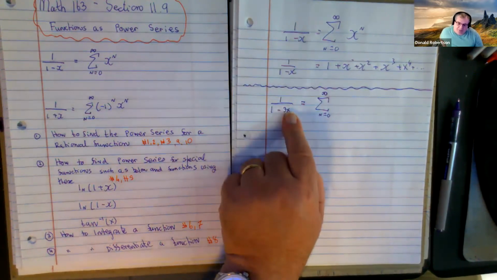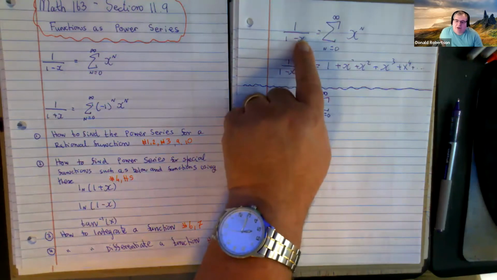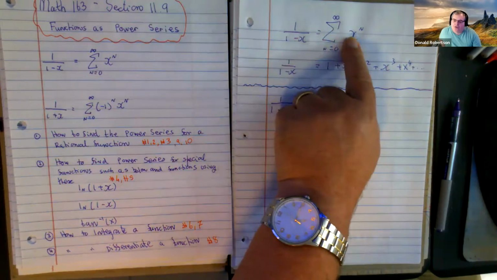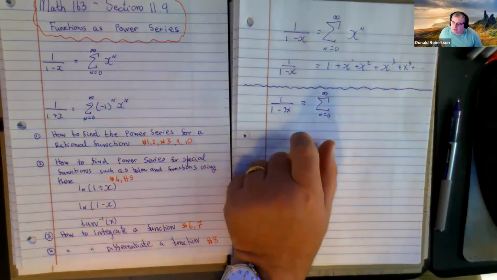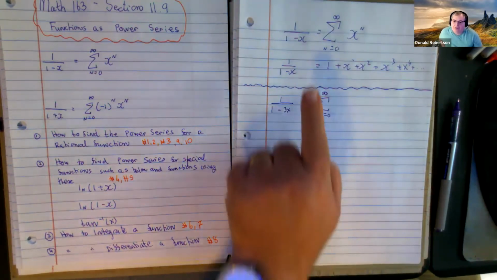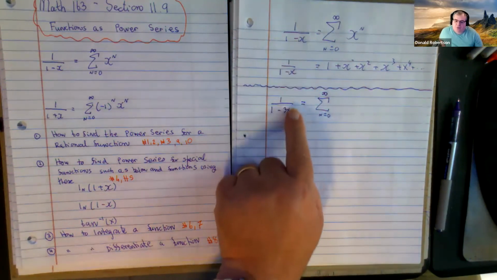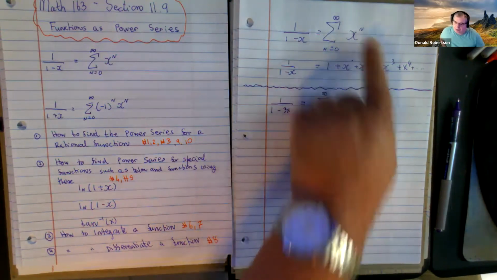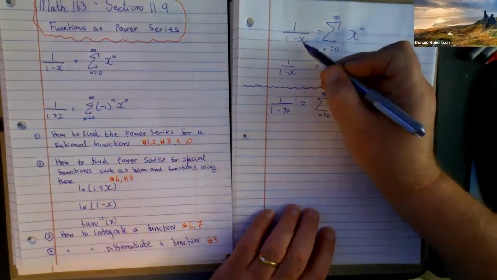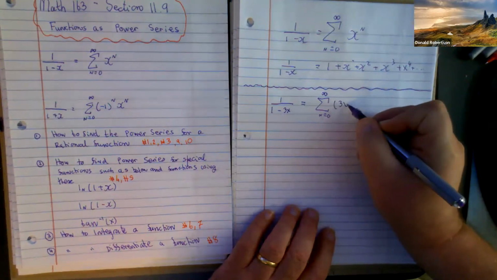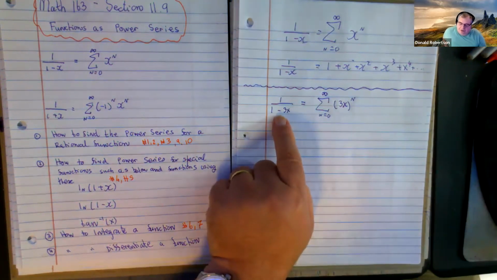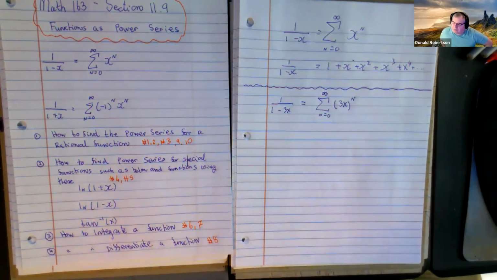It's not exactly the same. There's a 3x here. That guy there is a 1x. I want you to think of this x here not so much as an x, but as a placeholder, a place where you can put stuff. Now, if you replace this x with 3x, wouldn't this be the same guy? So you take its power series and ask what it would be replaced by. It would be replaced by 3x. And so the power series for this fraction would be that guy. Does that make sense? Substitution.